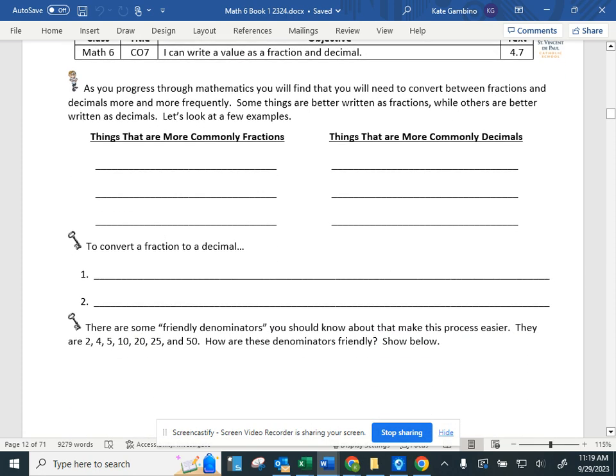CO7, I can write a value as a fraction or a decimal. What key thing do we need to remember about converting between fractions and decimals? What is our magic number, Zelda? 100. 100 is the magic number.